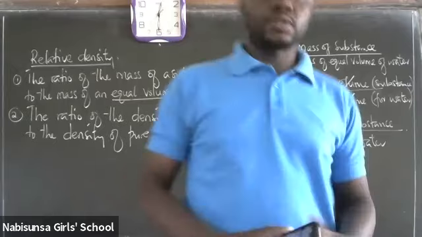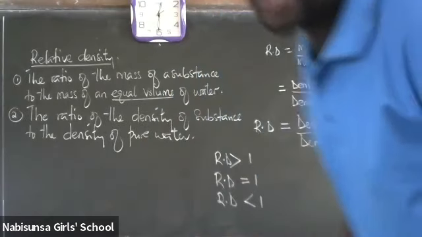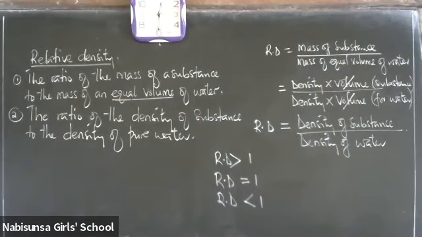Who can tell us, by giving maybe examples, how those conditions are possible? When can we have relative density being greater than 1 using any of those formulas? Can I hear from people?